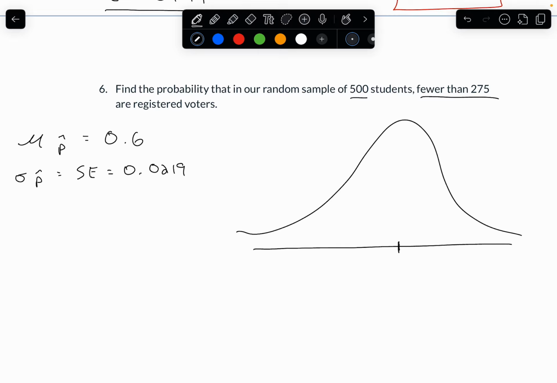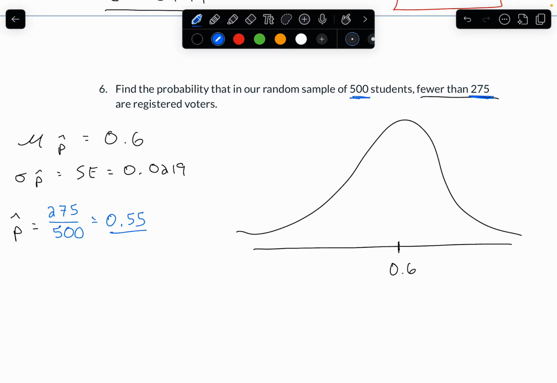Our mean sits right in the middle here, 0.6, and we need to start by finding what our particular p-hat is, in which case I have fewer than 275 out of 500. So 275 divided by 500. Let's go ahead and divide that out. I have 0.55 for that p-hat.